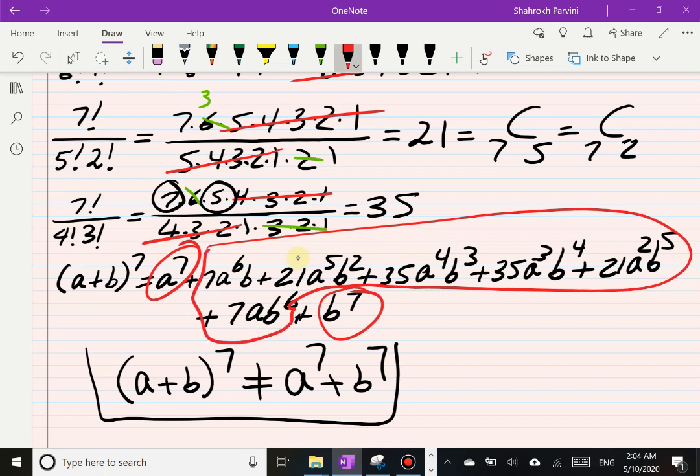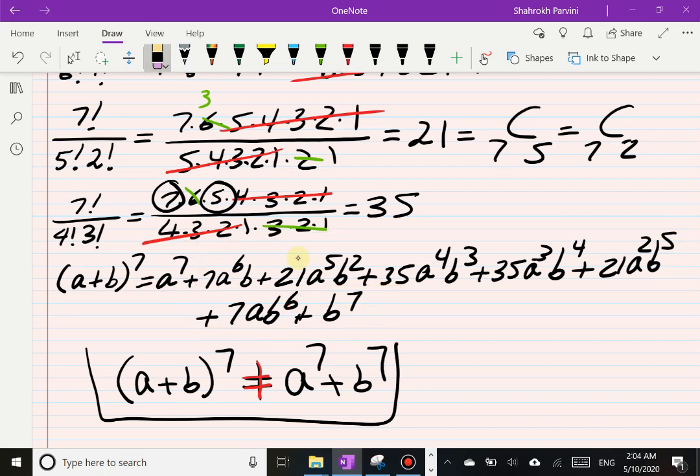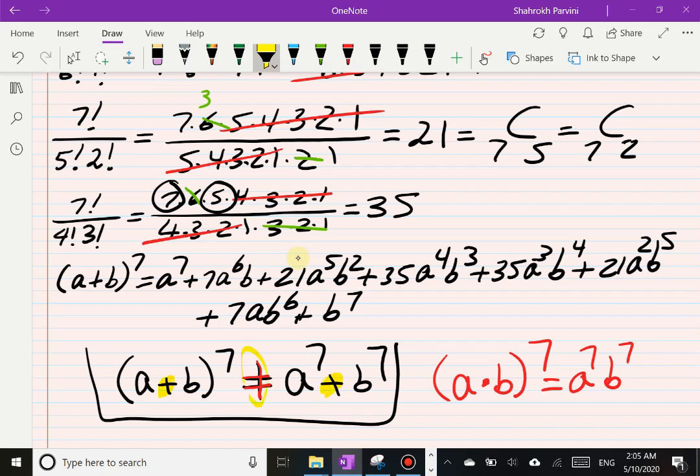So just be really careful with that. That does not work. And don't worry, I'll tidy this up. There, looks better, huh? So now, since we're talking about this, if this was a times b, the product, then that would be a^7 b^7. But that property does not hold with addition. It doesn't work. There you have it.